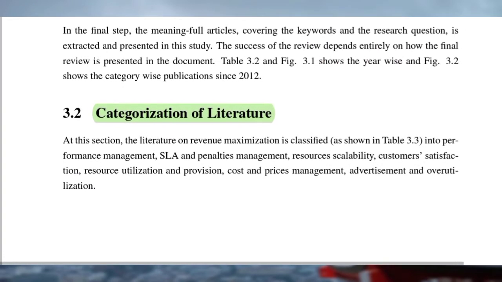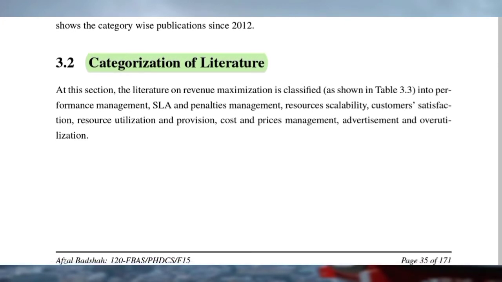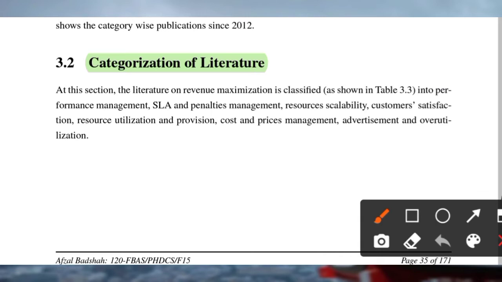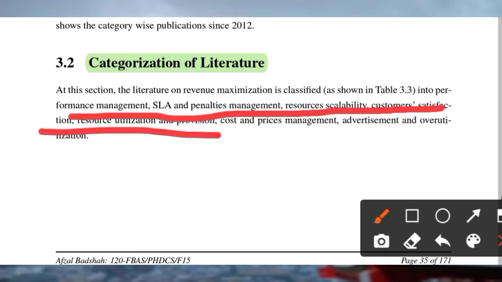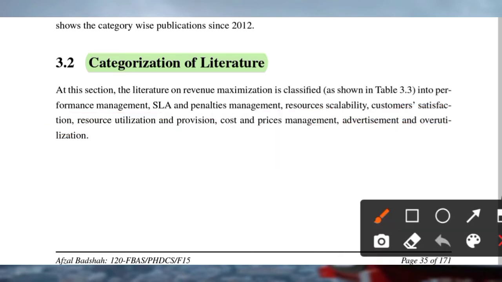Categorization of literature. In my case, I have categorized the literature in different categories. For example, you can see here that I categorized into performance, SLA management, scalability, etc. I have categorized the literature according to the theme of the paper. But while writing the literature, you can organize it in 3 or 4 different ways.